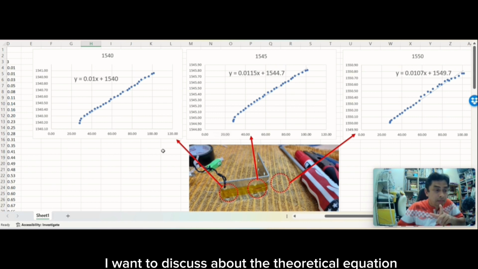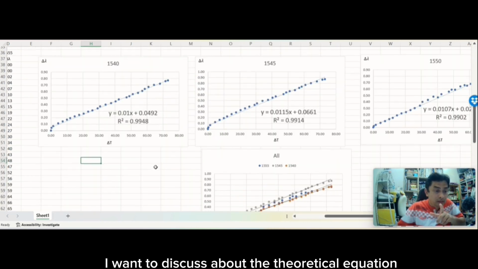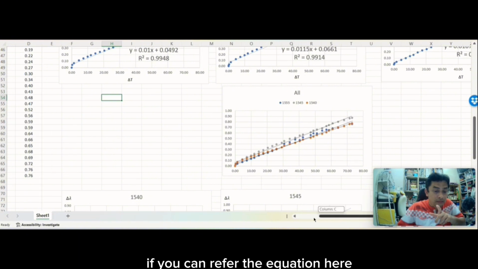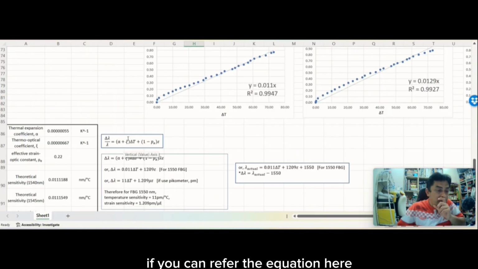I want to discuss the theoretical equation, which you can refer to here.